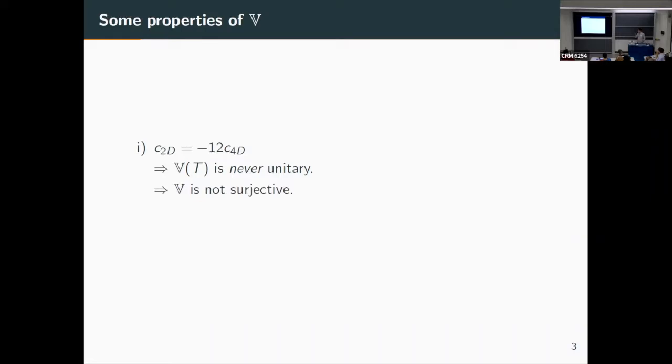And this map is defined as a certain dimensional reduction. So it's natural to think that this map loses a lot of information of the 4-dimensional theory, but in fact, it's now expected that this map should be injective.